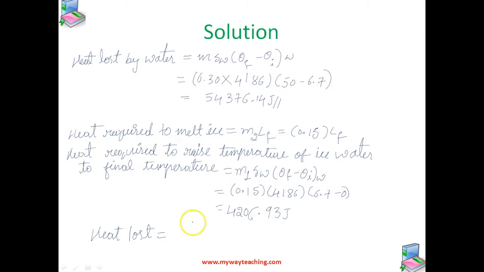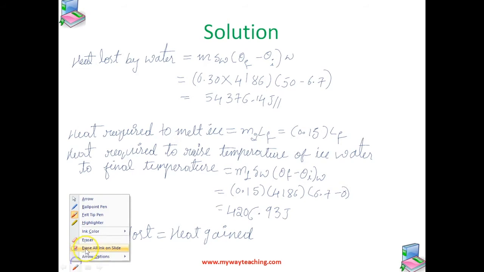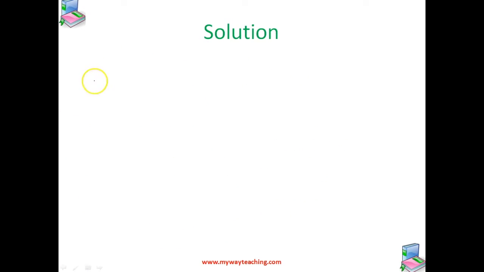So heat lost is equal to heat gain, isn't it? So we should use this. Heat lost is 54376.14 joules.